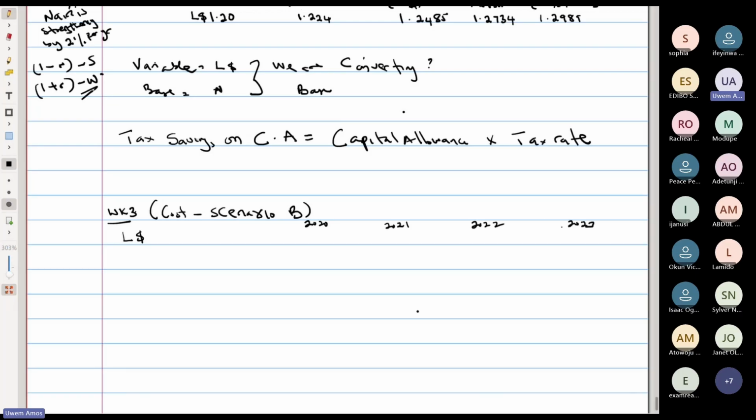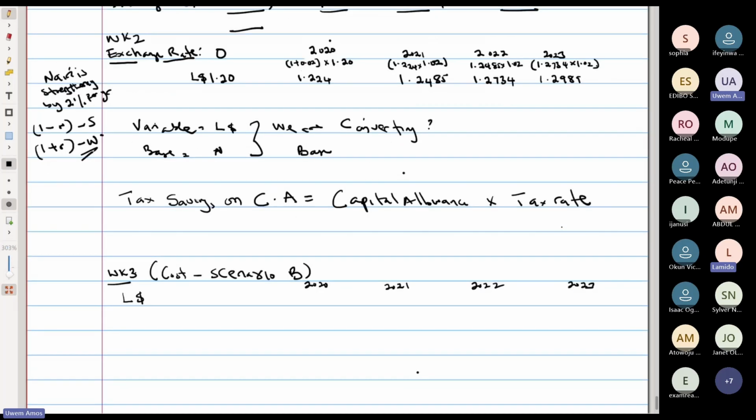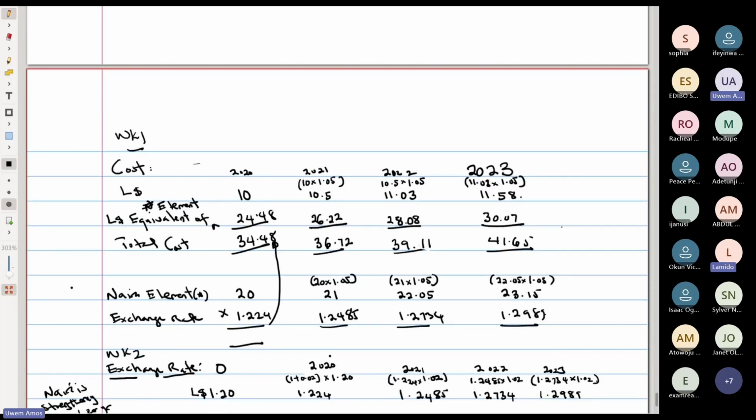We explained how to compute those values in our first class, so we don't need to do that again. So I'm just copying the values down, which are 10, 10.5, 11.03, and 11.58, guys.